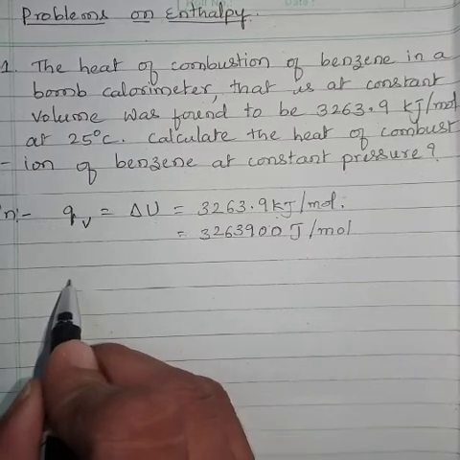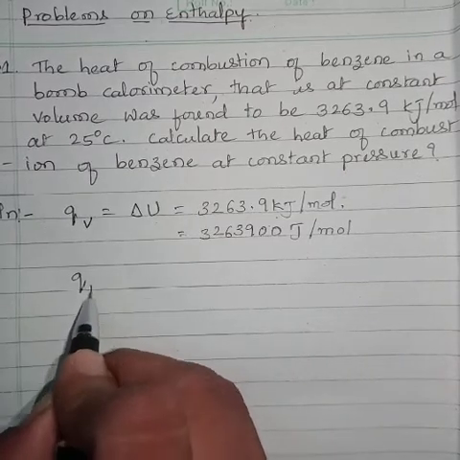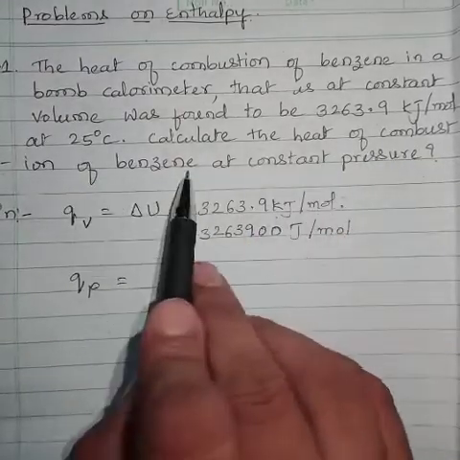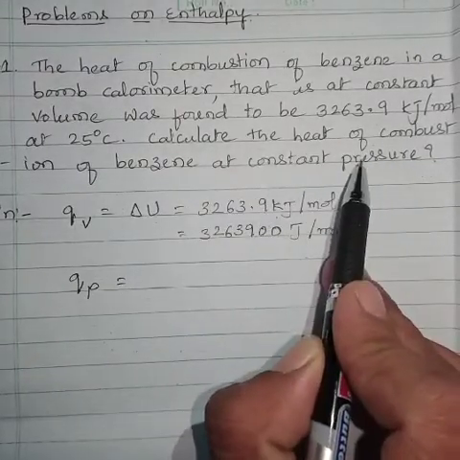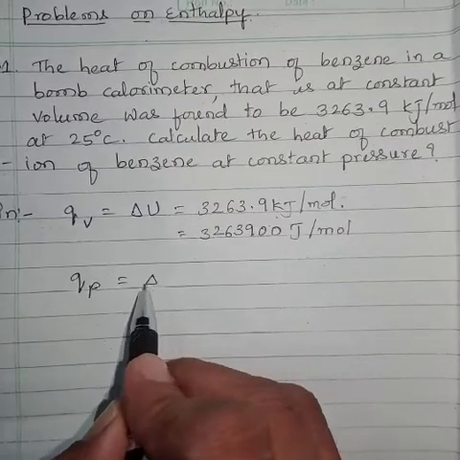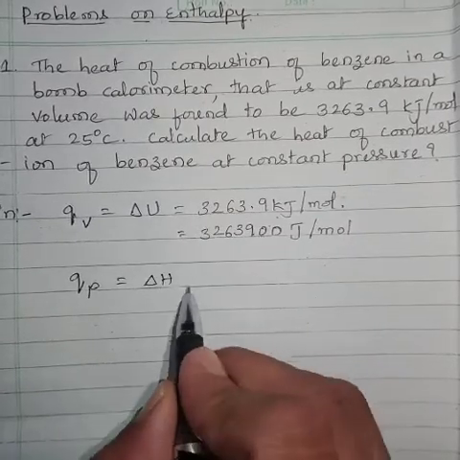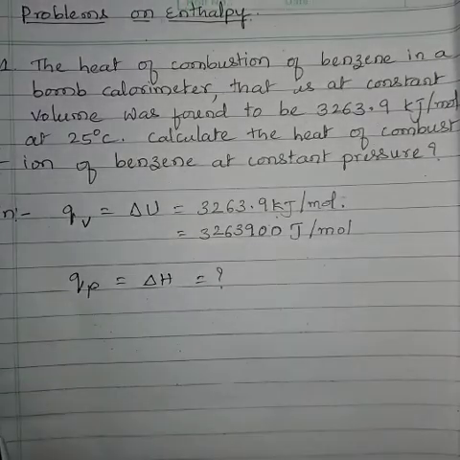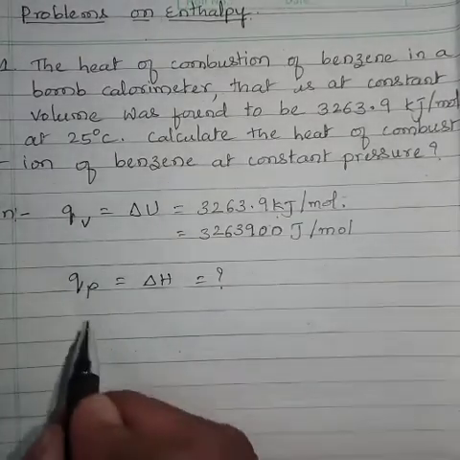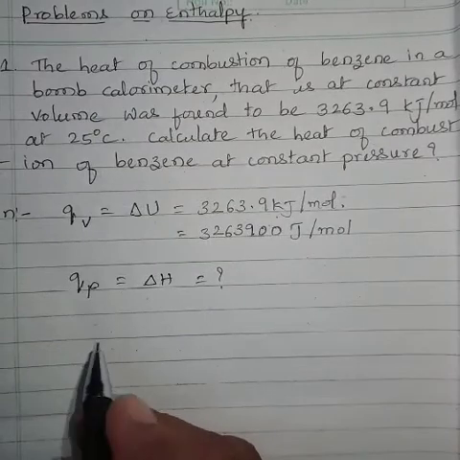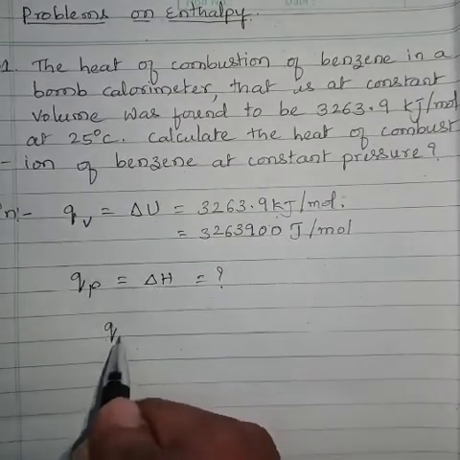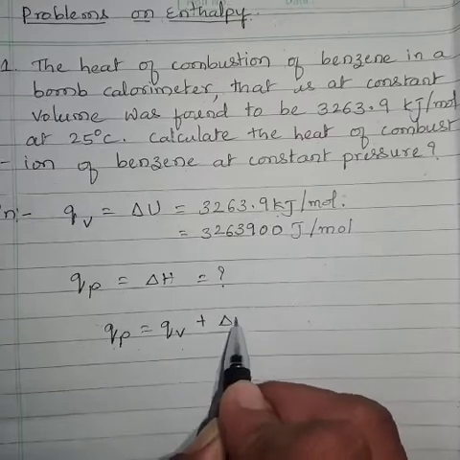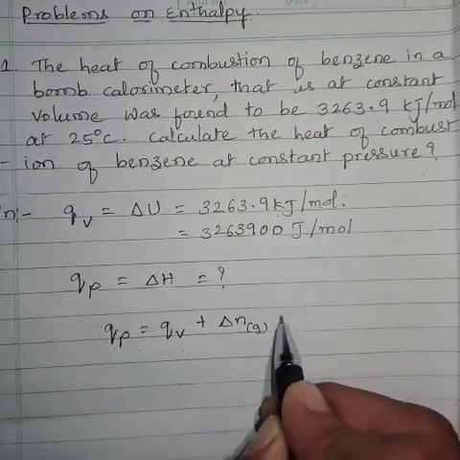Now they asked me to calculate QP, that is the heat of combustion of benzene at constant pressure, and this is equal to delta H. So you have to calculate this QP or delta H. We know the formula, that is QP is equal to QV plus delta NG RT.